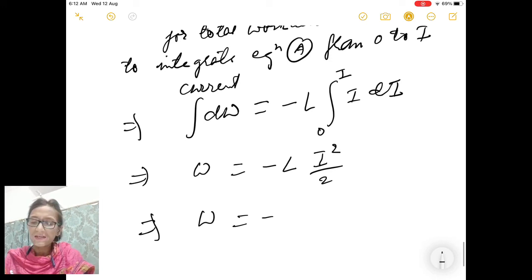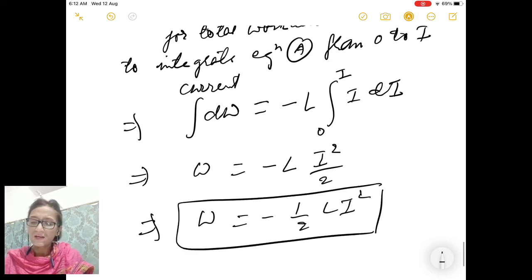So work done is equal to minus half LI².